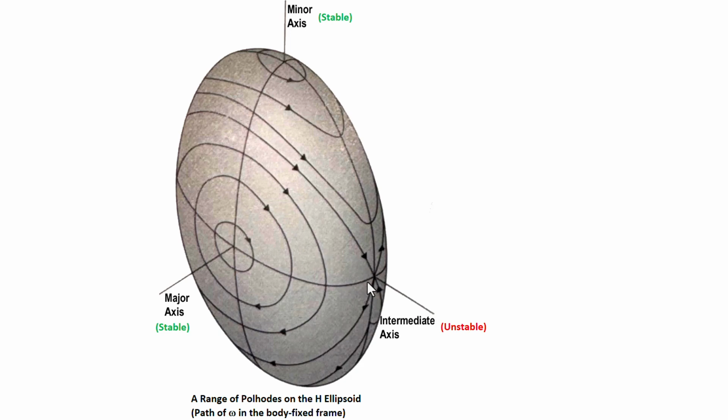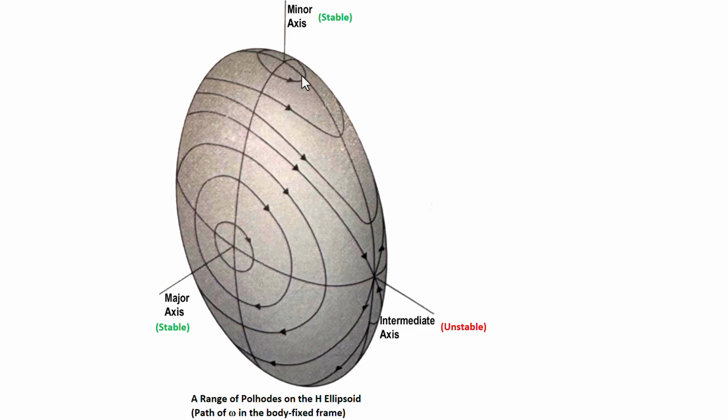This is the intermediate axis, and this is the major axis. These paths that are called polhodes on the H ellipsoid are where the tip of the omega vector touches this ellipsoid and traces out a path.